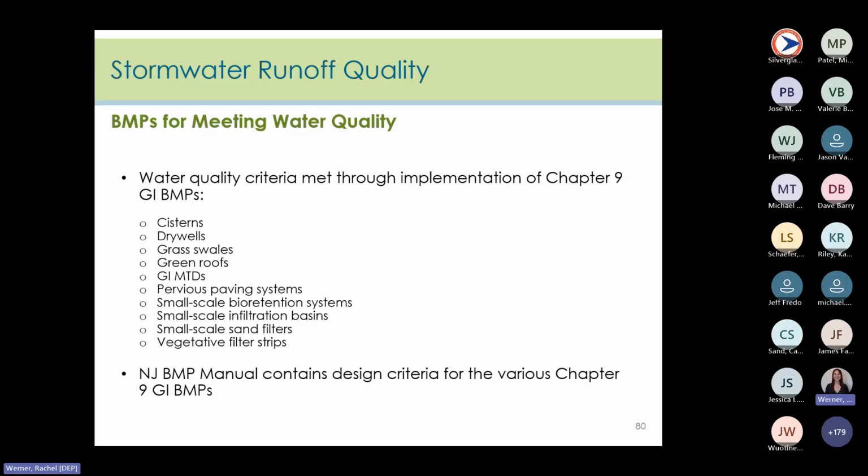So that includes BMPs like constructed wetlands and extended detention basins. Now, the BMP manual is extremely important here because there are specific design criteria that need to be met for a BMP to merit the approved TSS removal rate. And you, as a reviewer, need to be checking this criteria.